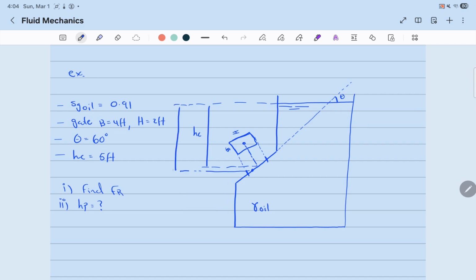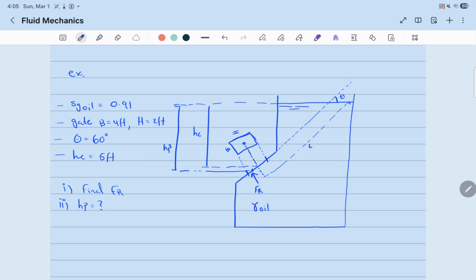This is HP, the depth of the fluid from the surface to where the resultant force is acting, and this is where the resultant force would happen. We also need to find, in order to find HP, we need to find first LC and LP, which is basically the length in an inclined angle from the point of the centroid to the level of the surface.